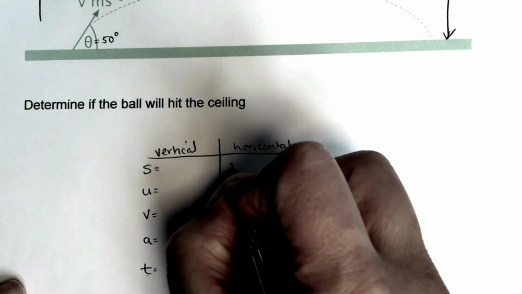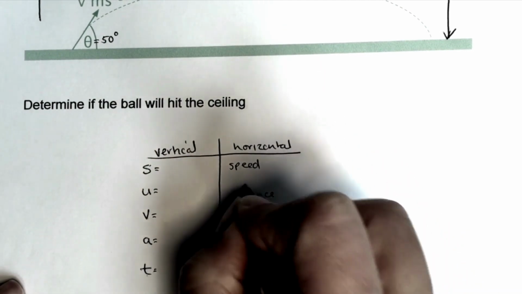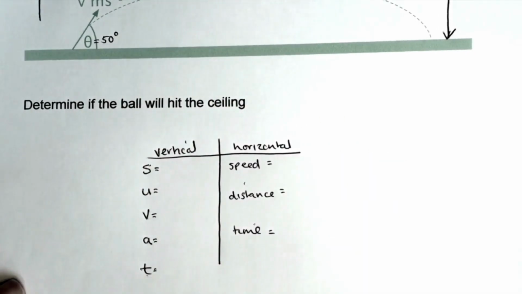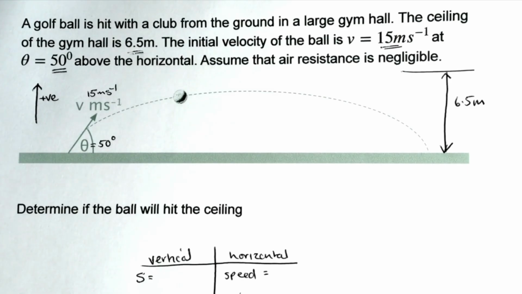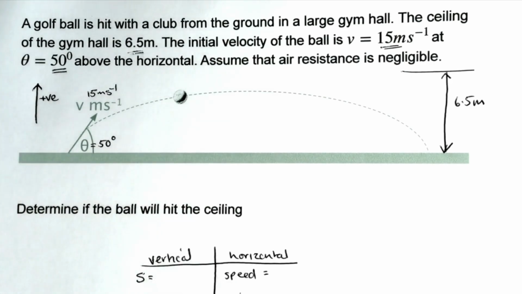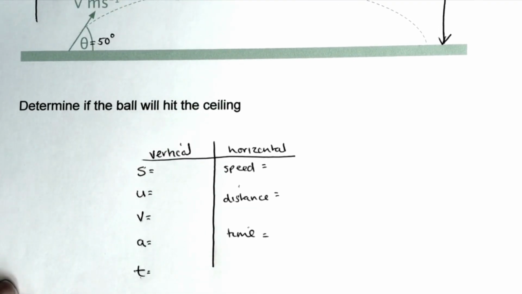So we're really only looking at the equation speed equals distance over time. And that is the 3 different variables we're looking at for horizontal velocity. So we've done rule number 1. We've drawn a diagram. Rule number 2 is we've chosen a direction for positive. And rule number 3 is to draw and complete the projectile motion table.